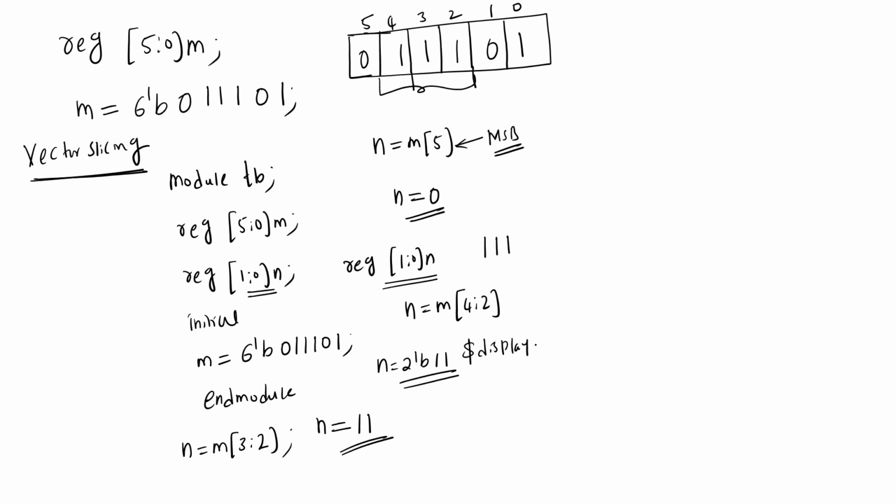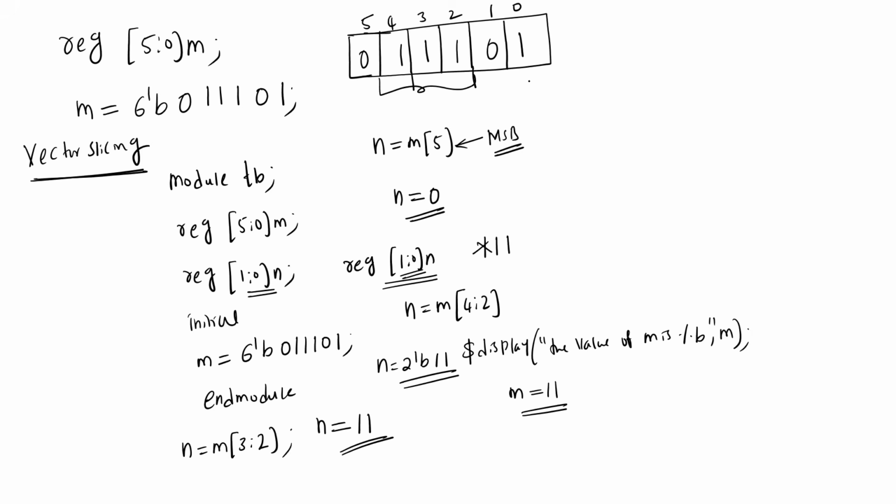If you want to print $display in the quotes the value of m is %b comma m, then it will display the value of m equal to what? Only 1, 1 only it will display. Why? Because size is 2 bits only now. Got it, sir.